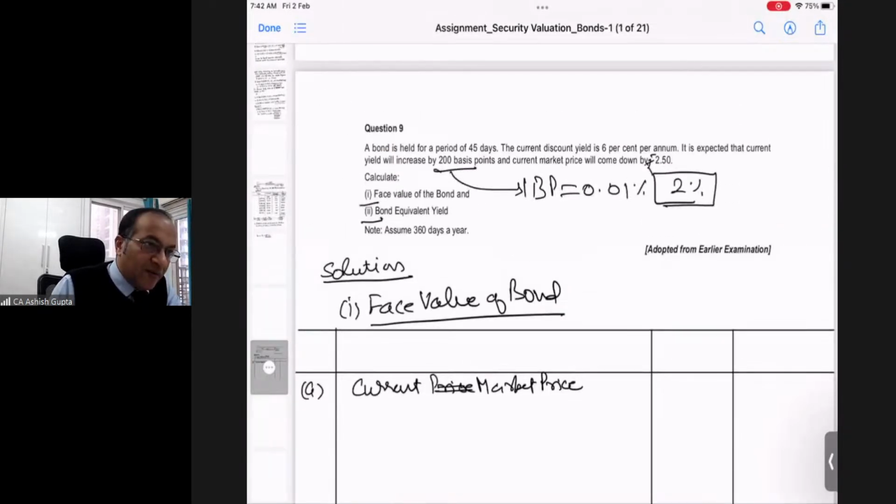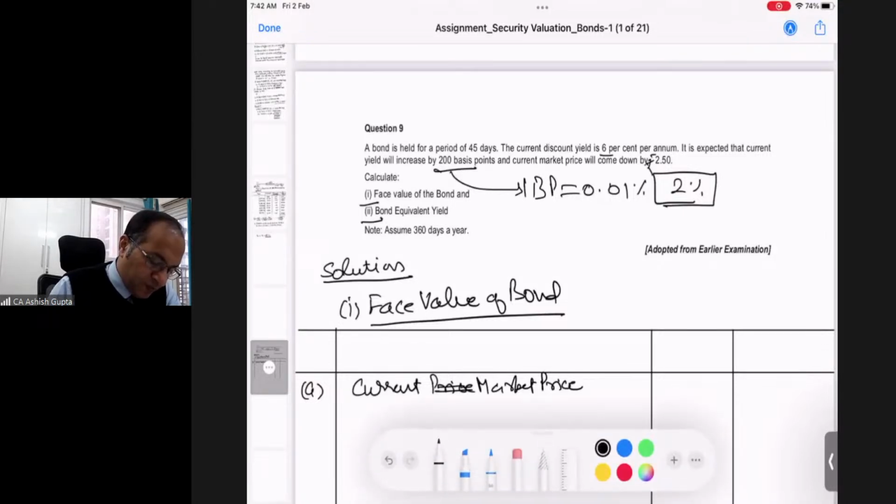Now our discount yield is 6%. We are holding it for 45 days. Okay, student. So what we do is we discount it for 45 days. Now let us see how we discount it. Just hold for a second.